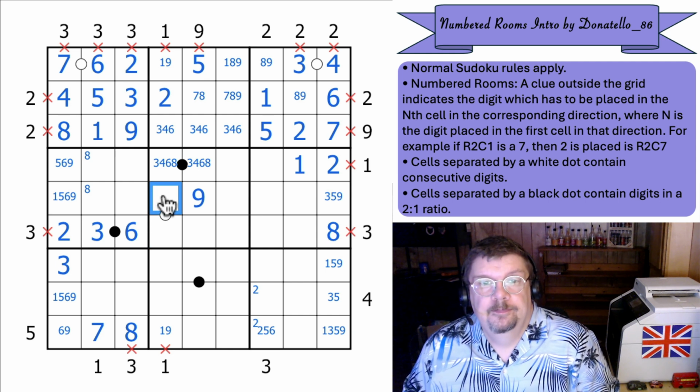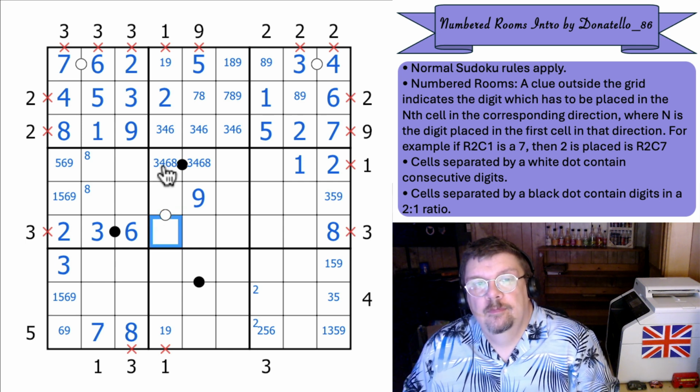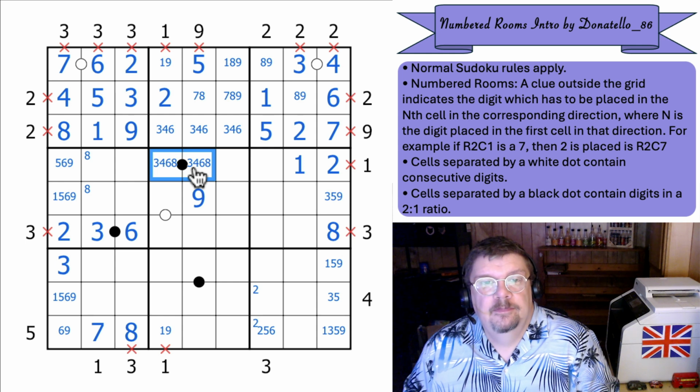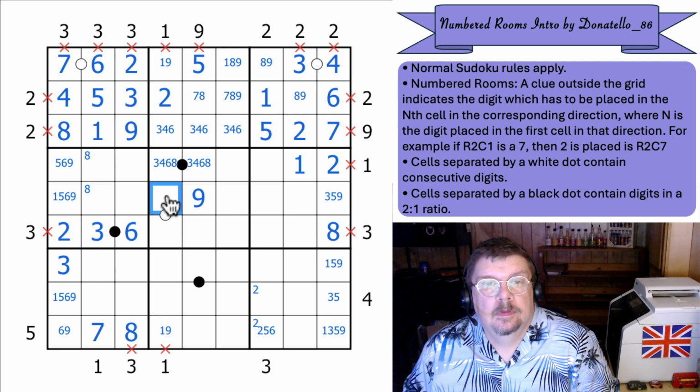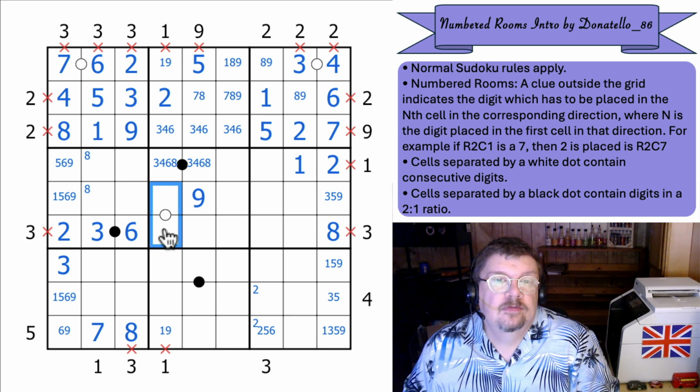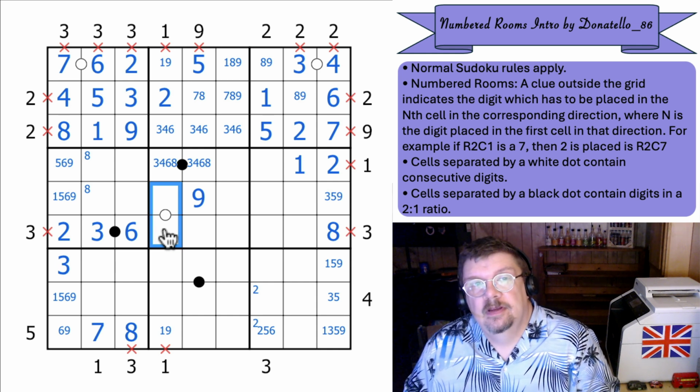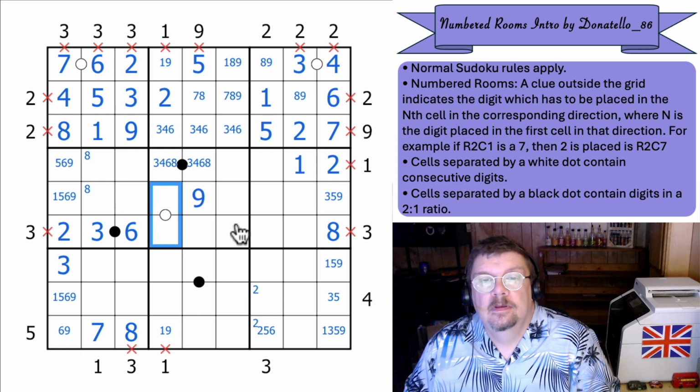It doesn't have a 3 on it, because if it had a 3 on it, it would have to have a 4 on it, which would break that cell. Could have 4, 5, could have 5, 6, could have 6, 7, could have 7, 8. That's still quite a lot that it could be. But we know that 3 is not there.